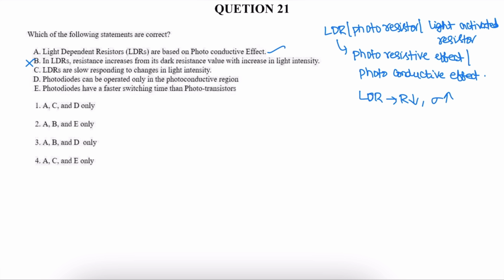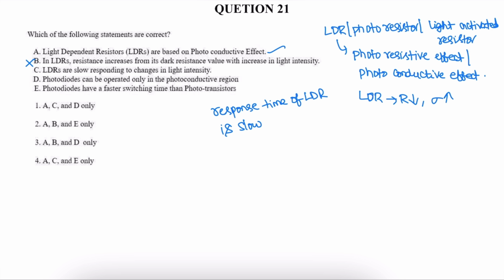The response time of LDR is slow, especially in situations when light changes rapidly. LDRs are known to have slow response time and react sluggishly to changes in light intensity.